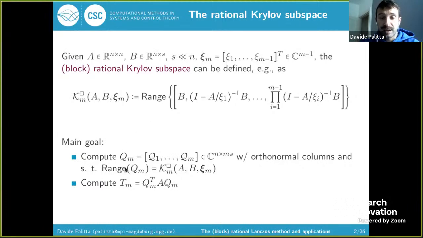One is this matrix Q_m, which represents an orthonormal basis of our subspace, and the other is the projection of our coefficient matrix A onto the computed subspace. What we did is to come up with a rational Lanczos method that is able to compute these two tools without storing the full basis Q_m.